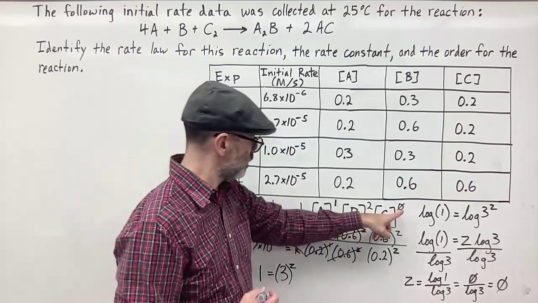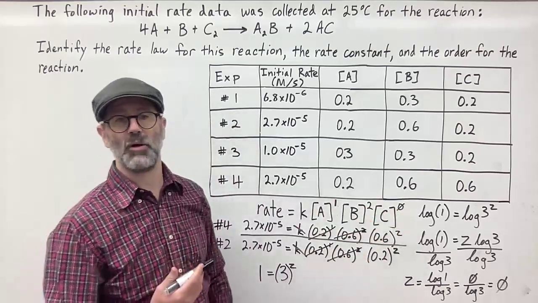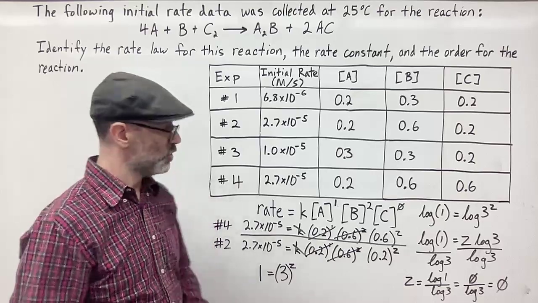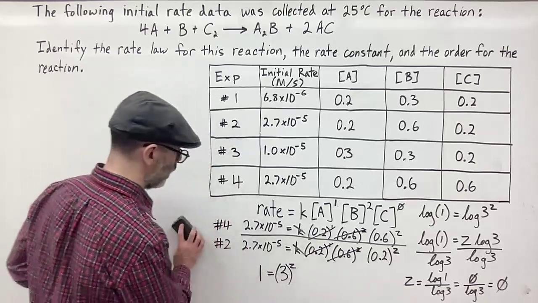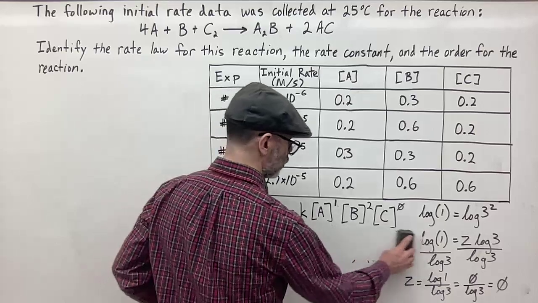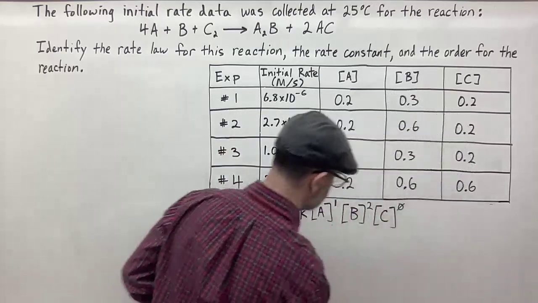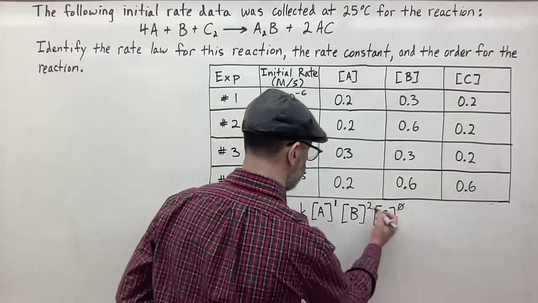Now, because this is 0 power, anything raised to the power of 0 is 1. So we can go ahead and get rid of that from our rate law. So this becomes a 1.